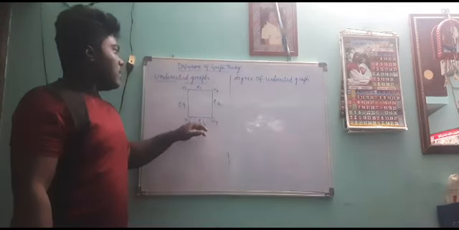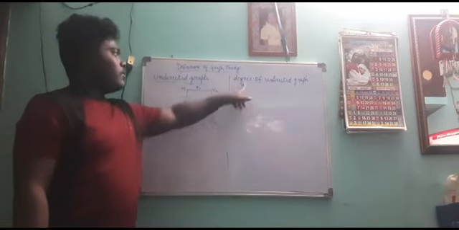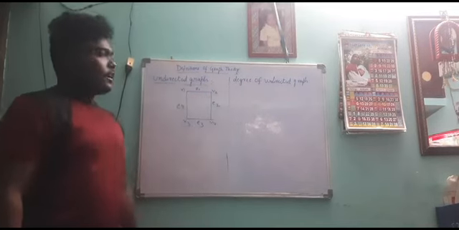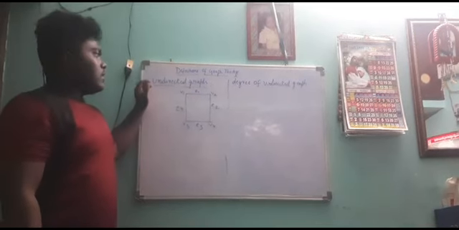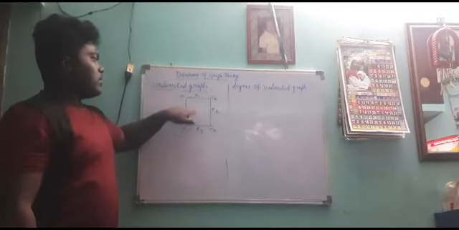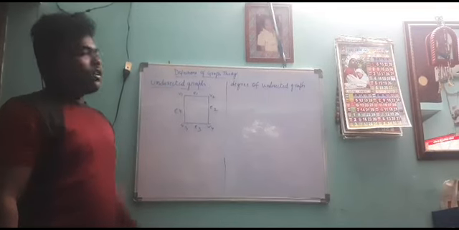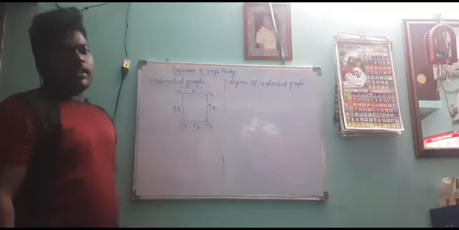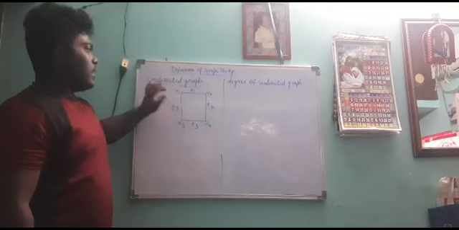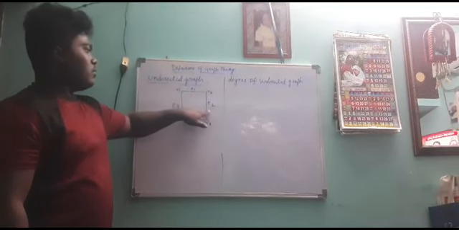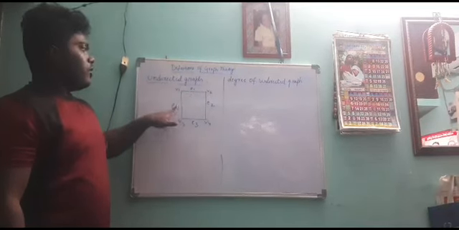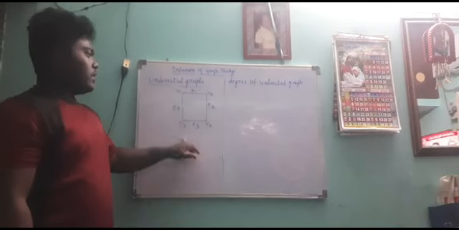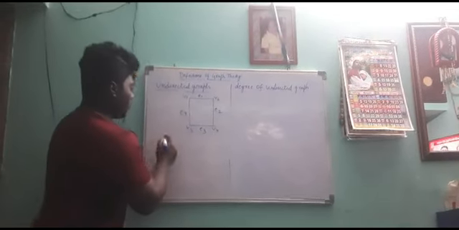Now we see here an undirected graph, and we want to find the degree of an undirected graph. The degree is nothing but the number of edges the graph contains. Here this undirected graph contains 1, 2, 3, 4, 4 edges. So the degree of this undirected graph is equal to 4.